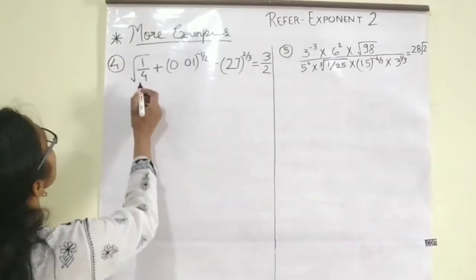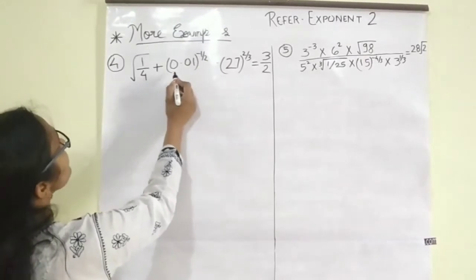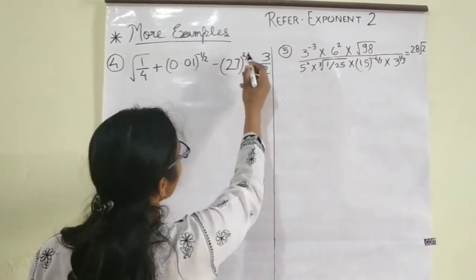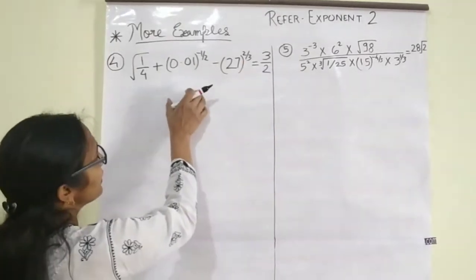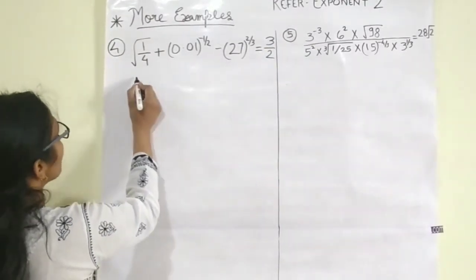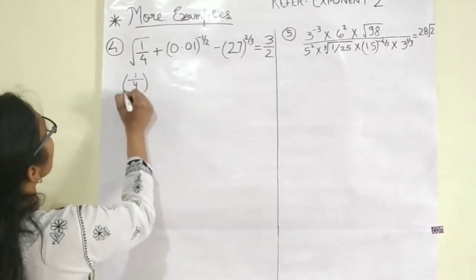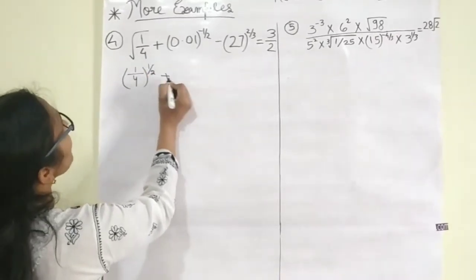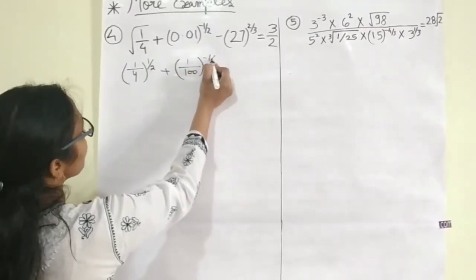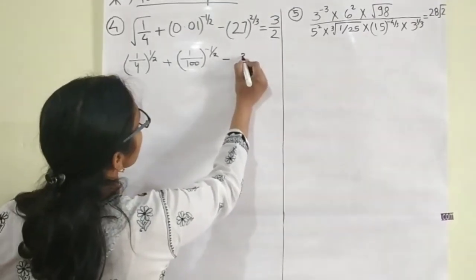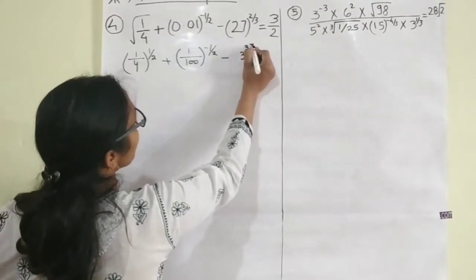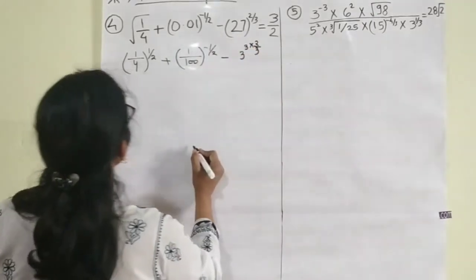More examples. Root over 1 by 4 plus 0.01 power 1 minus 1 by 2 minus 27 power 2 by 3. We have to prove it equals 3 upon 2. So, 1 upon 4 power 1 by 2 plus 1 upon 100 power minus 1 upon 2 minus 27, we can write 27 as 3 to the power 3 into 2 by 3.